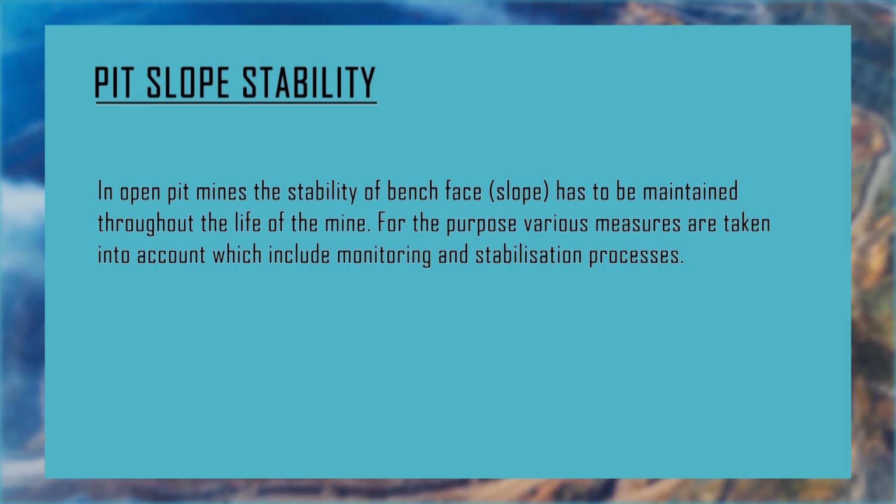Once there is a failure of slope, it will damage the nearby bench, the lower bench, not only the machinery as well as the whole working, and it even causes damage to workers, and workers may get injured.